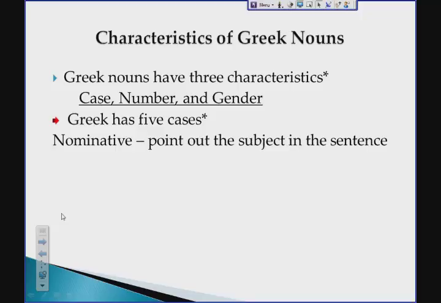Theos, that means it's in the nominative case and it's playing its role there as a subject of the sentence. John kicks the ball. Who is the subject of the sentence? John. Okay? So John should be in the nominative case because he is performing an action. All right? So therefore, that is the first case, the nominative case.